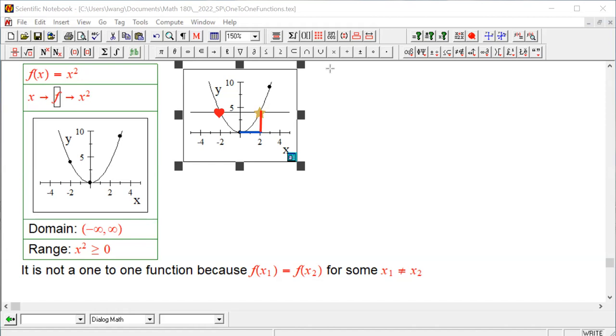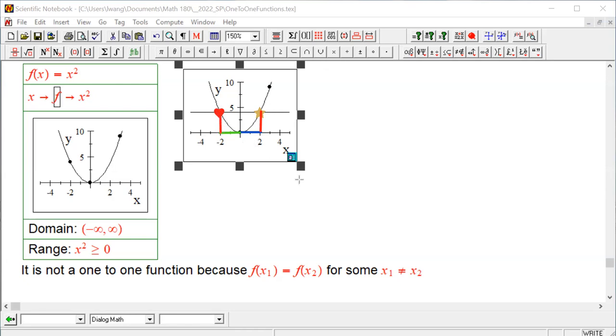This input is -2. Forgive me, I'm going to use a different color because they're different values. So this input is -2 and the output is also 4.